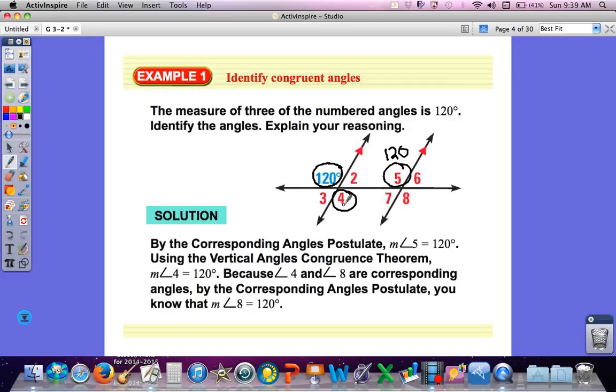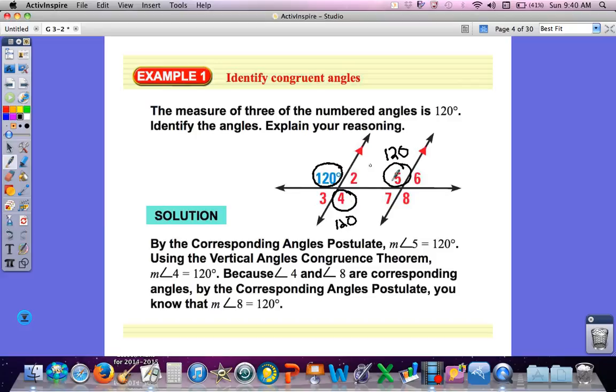5 and 4 are also, 4 is, we already said 120, 5 and 4 are alternate interior angles. So I know that 4 is equal to 120 because of the vertical angle congruence theorem I learned in chapter 2. But I also know that 4 is equal to 5 because of the alternate interior angles congruent theorem I'm learning in chapter 3.